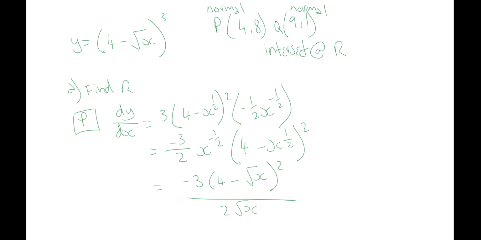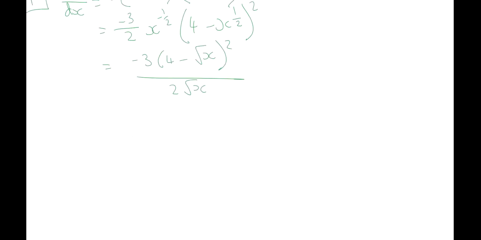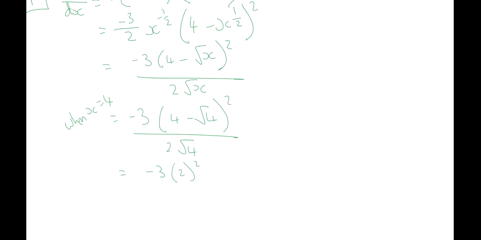I want to know the derivative. We're dealing with P at the moment, so I need to find it at this point here when x is 4. So I'm going to put 4 into this. So I've got negative 3, and when x equals 4, (4 minus root 4) all squared over 2 root 4. 4 minus 2 is 2, 2 squared, right?